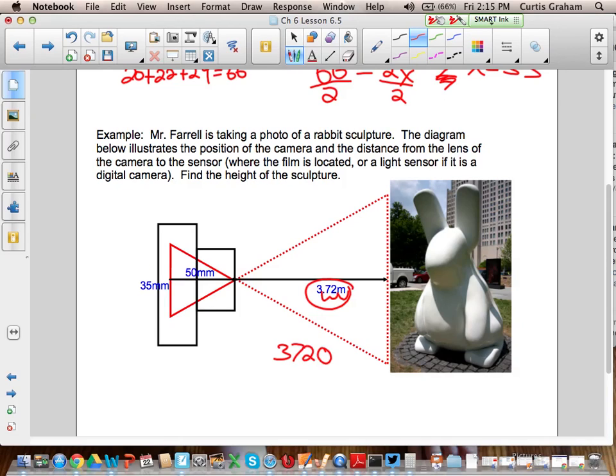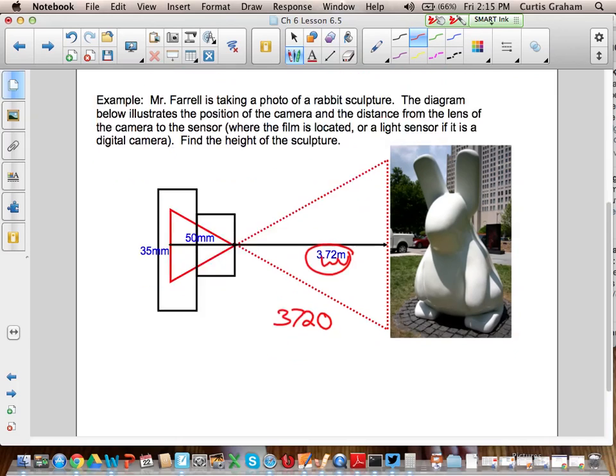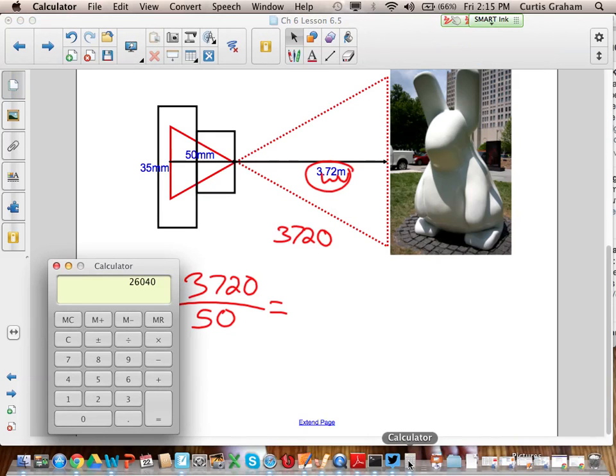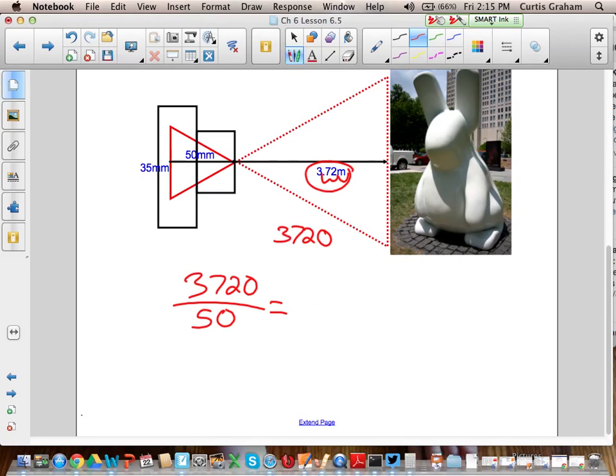Now, since these triangles are similar to each other, I'm going to figure out what that proportionality is. So 3,720 divided by 50. Let's see what this is. Divided by 50, I end up with 74.4.